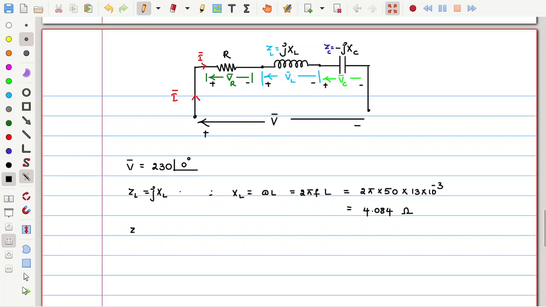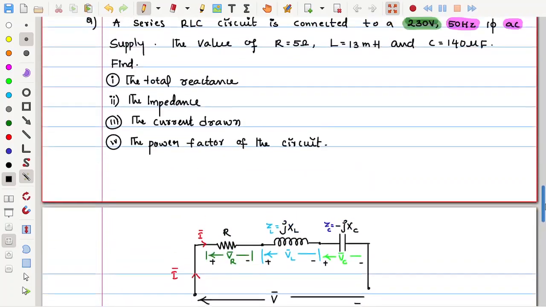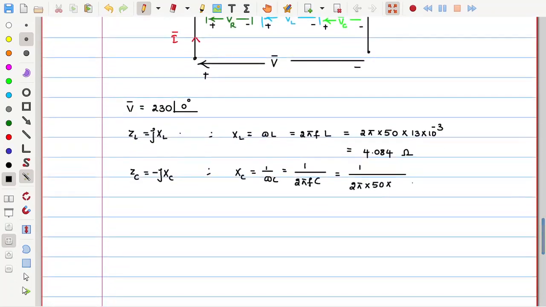Similarly, we will have capacitive impedance, which is equal to minus jXC, where XC is referred to as the capacitive reactance, which is equal to 1 by omega C, and omega means 2 pi f. Now substitute these values: 1 by 2 pi into 50 into C. The C value is 140 microfarad, so 140 into 10 power minus 6.